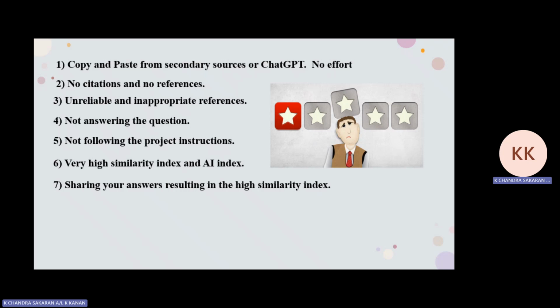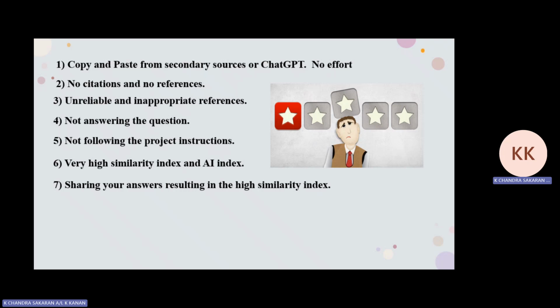If you take data from a report, you must cite the report. That's in-text citation. Then the reference list: what are the sources you used to do your project? Make sure you have citation and references. I will show you an example of a project answer later.